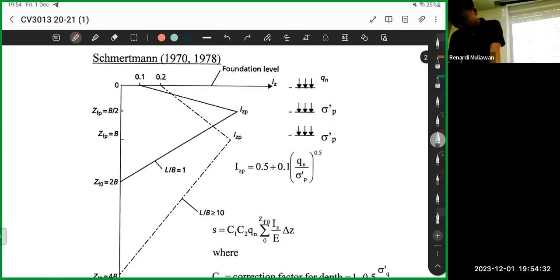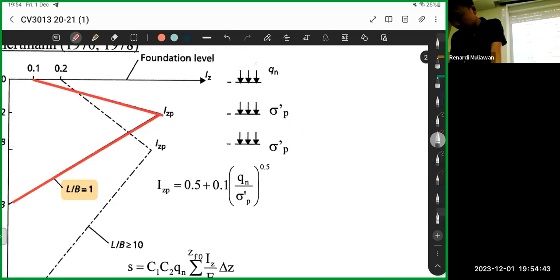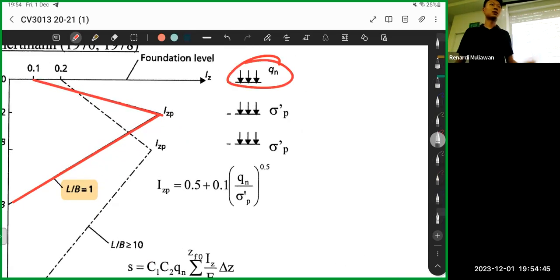Ah, okay, remember, for square footing, we follow this line. So what this means is Qn means the stress at the foundation level, because this corresponds to the foundation level.